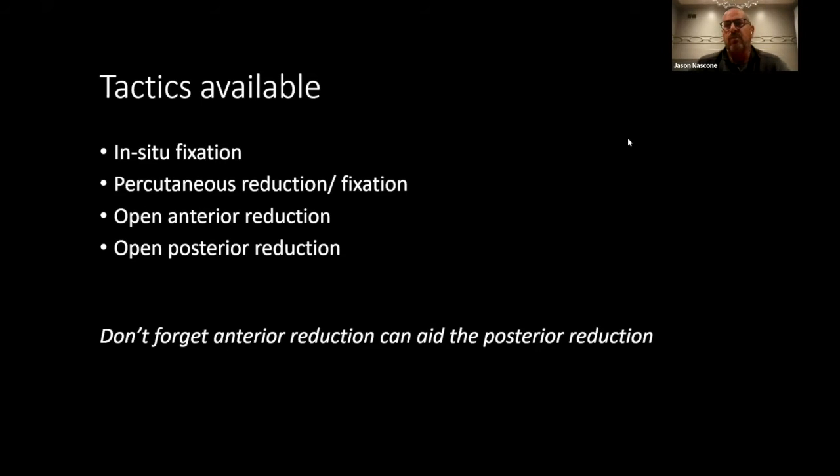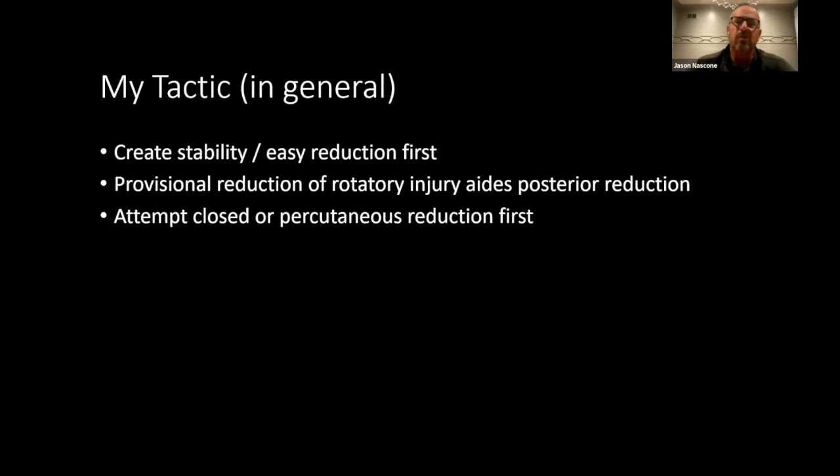It's important to remember that for some of these rotatory injuries, the anterior reduction really is useful in reducing the overall pelvis. So it's going to be difficult to talk about a pure posterior reduction without making some comment about the anterior reduction.